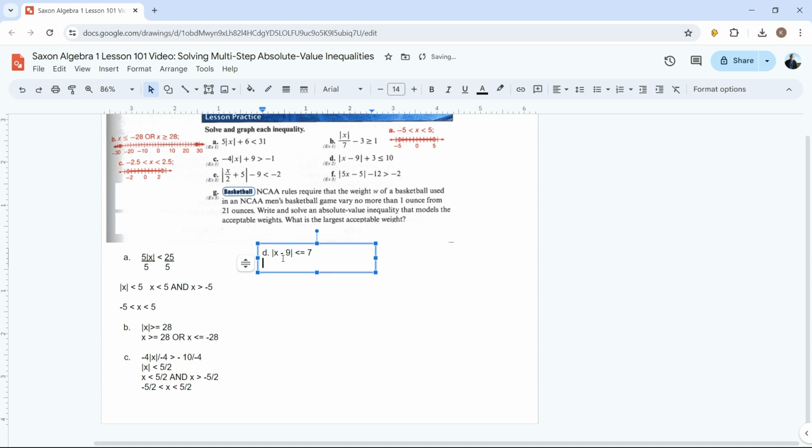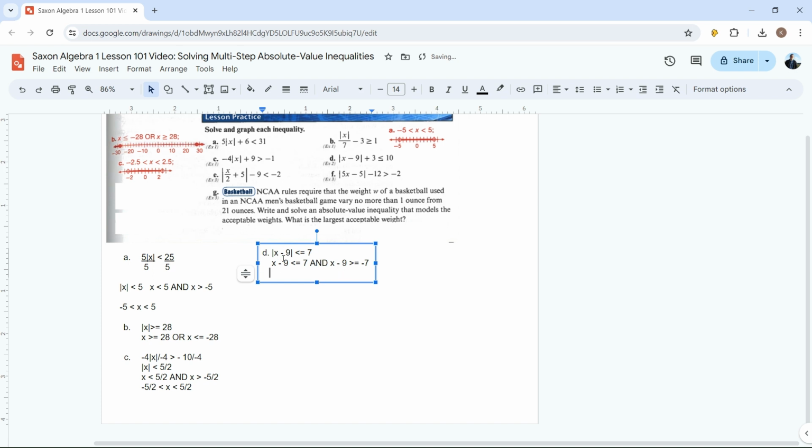So I'm going to note that this is less than, which is an and statement. And this is going to be no more absolute value symbol. x minus 9 is less than or equal to 7. Just rewrite what I had above. And x minus 9 is greater than or equal to negative 7. Now I'm going to solve each of these expressions.